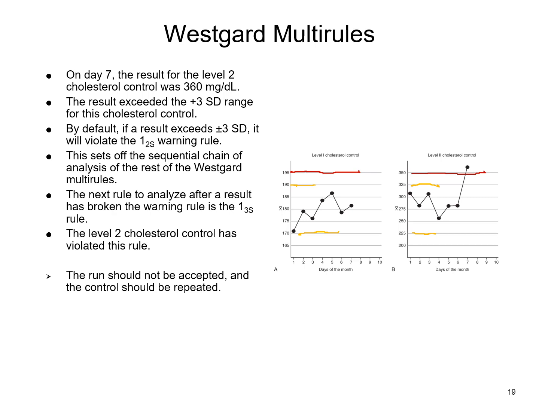The 1-2S rule was violated, which moves us to our 1-3S rule. That is violated, so we know that we've got to reject it. Yes, we could keep going through all the other rules and see if anything else is violated, but right off the bat, we know that we would not accept this. We need to repeat this control, and possibly do some investigation.